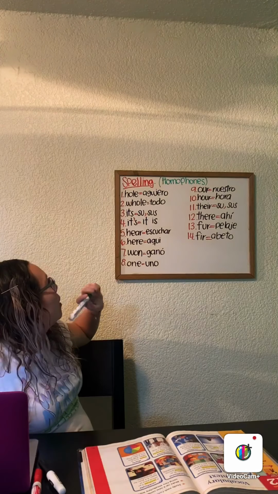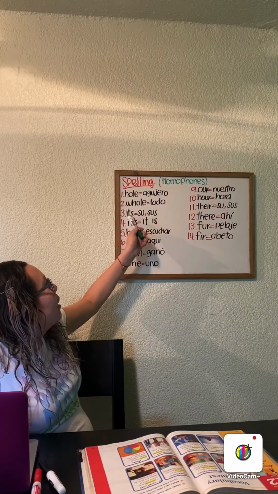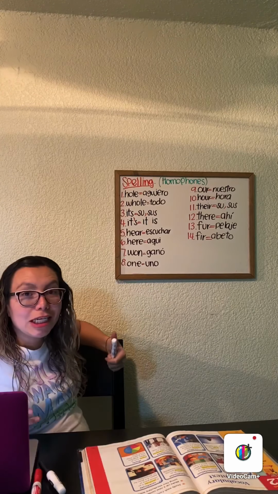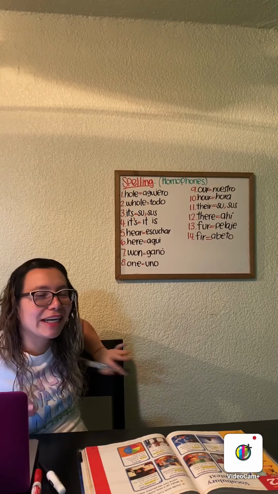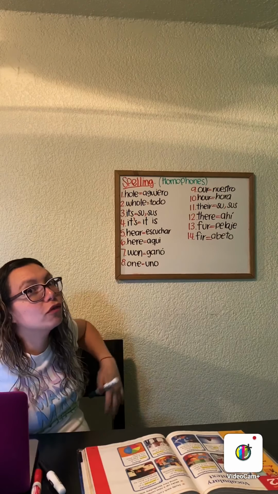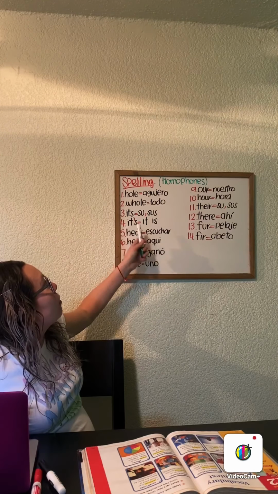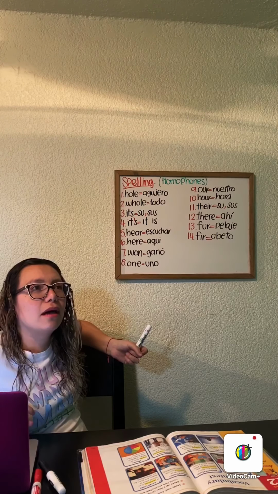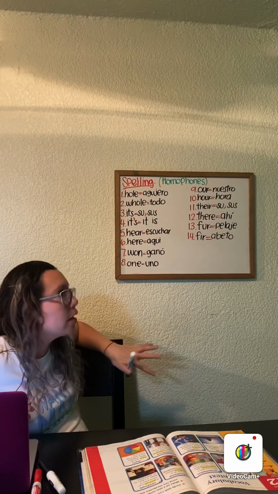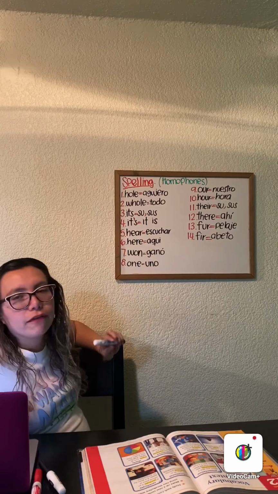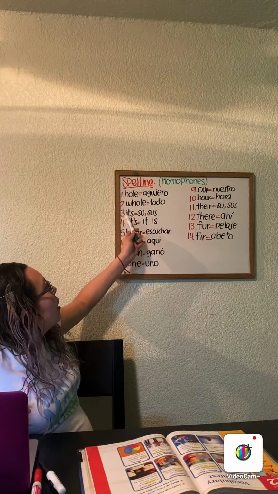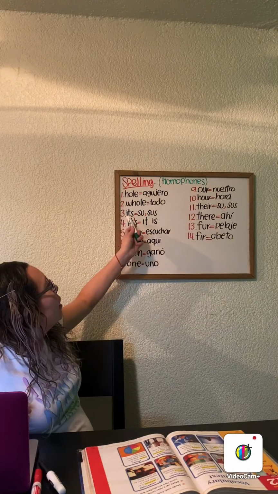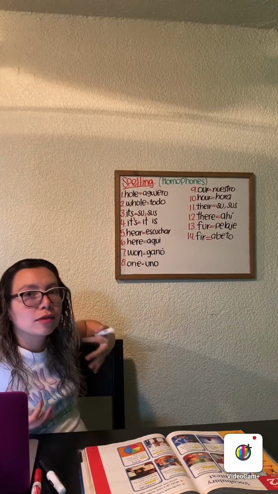Okay. Number 3, its. Number 4, it's. They sound exactly the same, but they have different spelling, because on word number 4 we have the apostrophe. That means it's a contraction of two words. And on the first one we don't have an apostrophe. This means su, sus. Its, su o sus, posesivo.